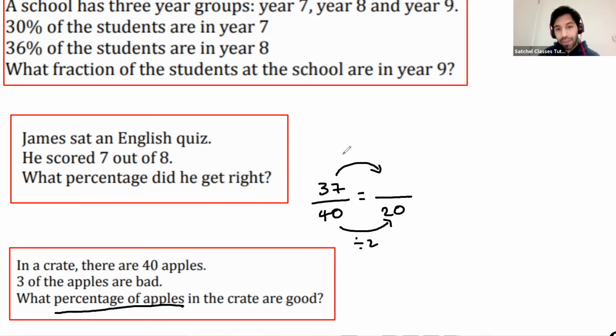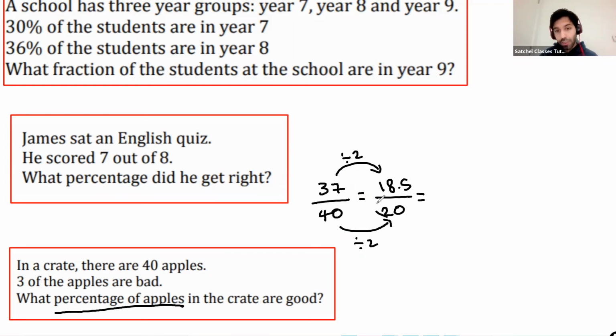Now, if I divide 37 by 2, what I'll get is a decimal. So I will get 15 plus 3.5, 18.5 out of 20. Now, 18.5 out of 20, we can't leave our answer as a decimal fraction, and this isn't going to be our final answer anyway. So this is just part of the process.